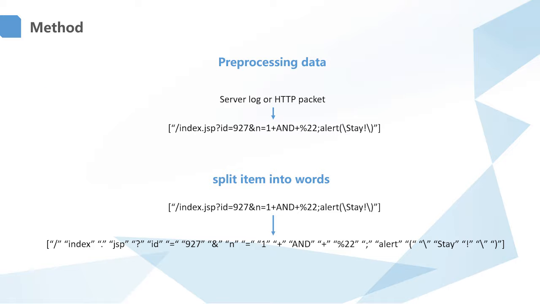The pre-processing work is to extract the URL from the log or HTTP datagram and remove the domain name, port number, and other irrelevant information. Then we get a string like this.